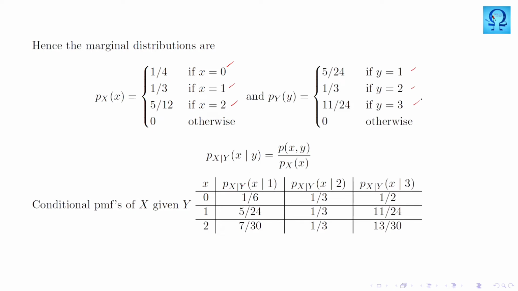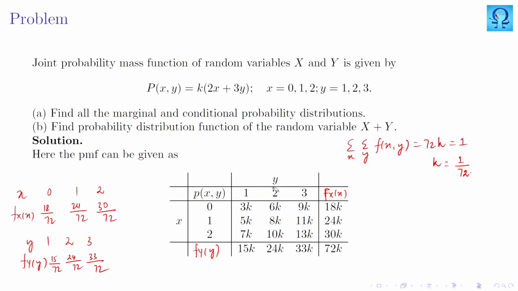Here, what is fixed? Y is fixed. Here we are fixing 1, and here we are fixing 2. Once you fix y equals 1, come back to this, only these terms remain.